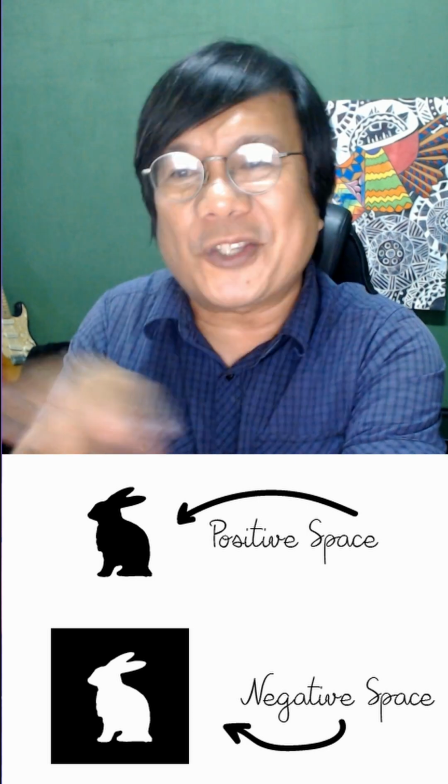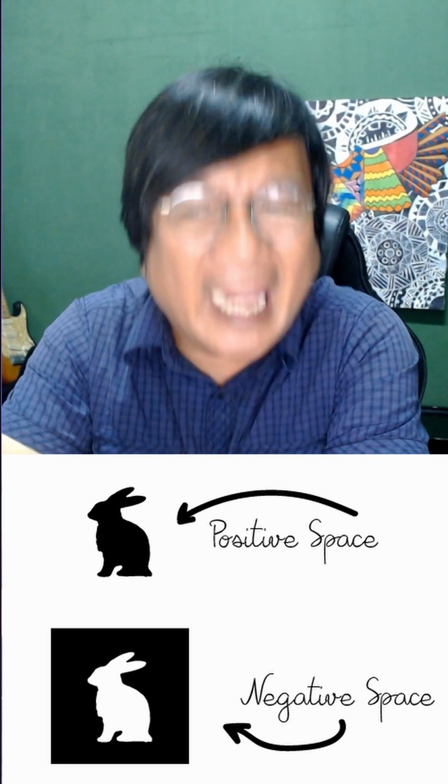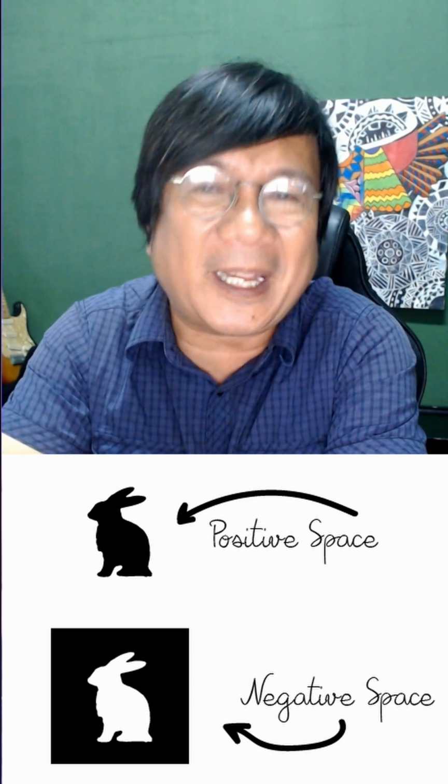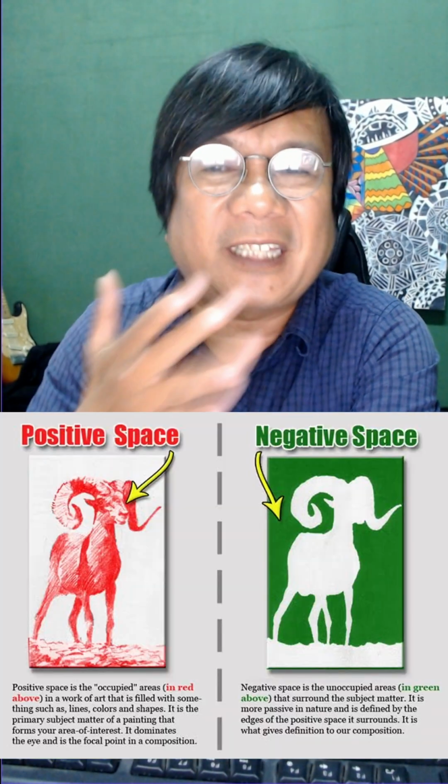So those are space. Understanding space allows artists to create the illusion of depth and perspective in a two-dimensional work. At maraming klase ng space din when we look at its terminology. The several types of space are, first we have the positive space.